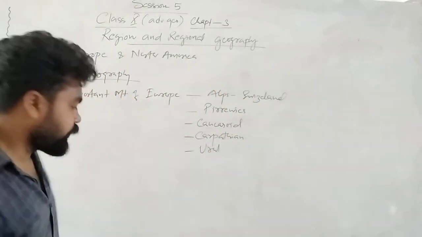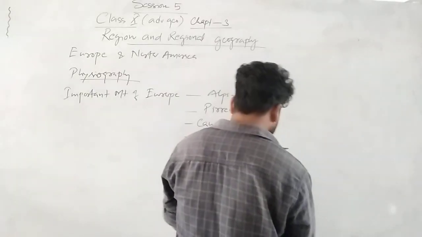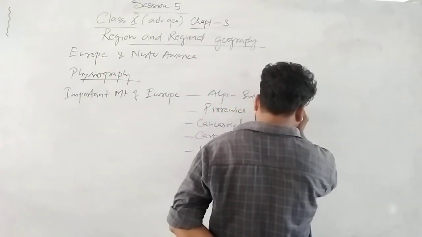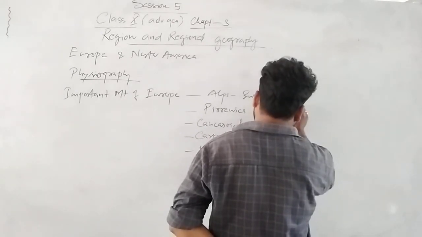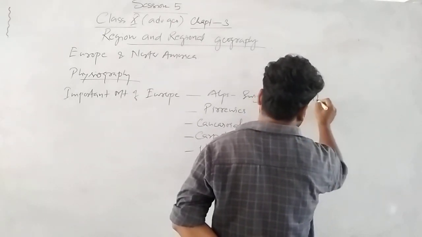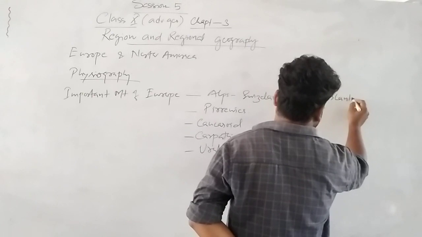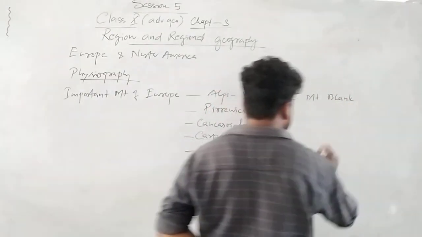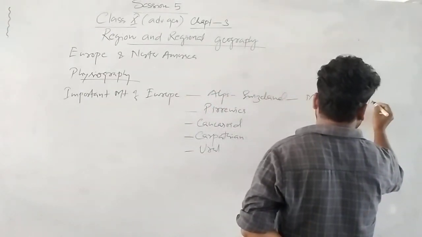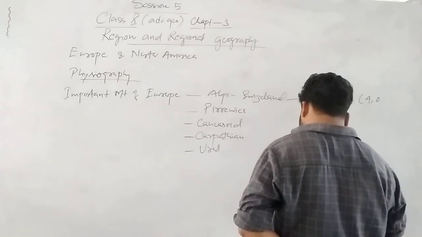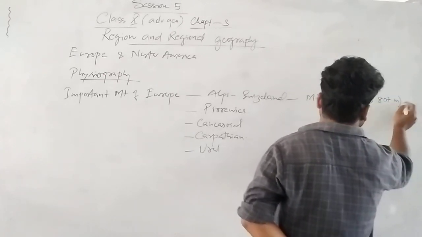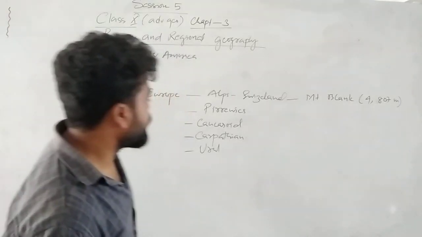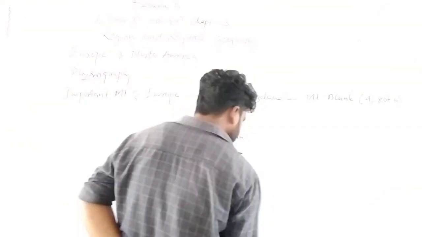We will see the highest point in the Alps. Mount Blanc is the highest point, that is 4,807 meter. So Mount Blanc is the highest point of Alps.